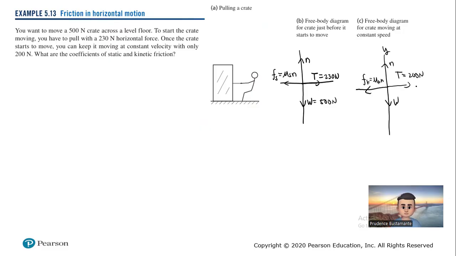This is x and this is y. That's the free body diagram.